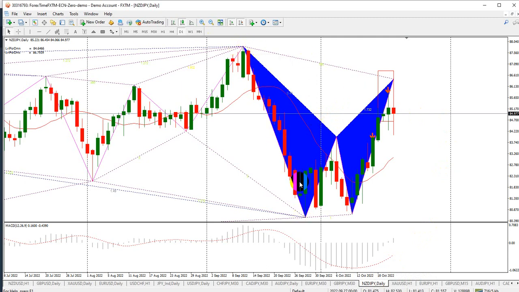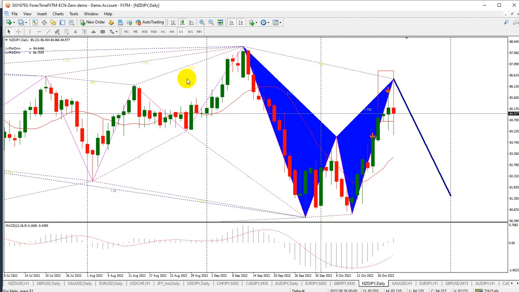Very nice setup: X, A, B, C, D. This is the D point, and at the D point, price touched here twice and was rejected. So we should see more down movement on NZD JPY.